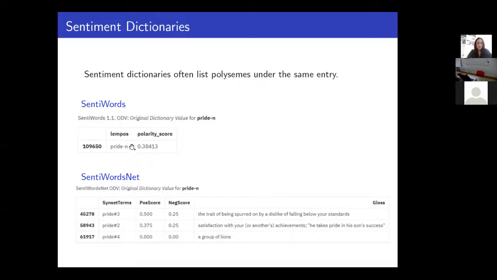That is also the case here for the SentiWords sentiment dictionary, but you can also see that the sentiment values are differently presented. Some are just continuous values between -1 and 1, and here they are more classified in different categories in some discrete points.